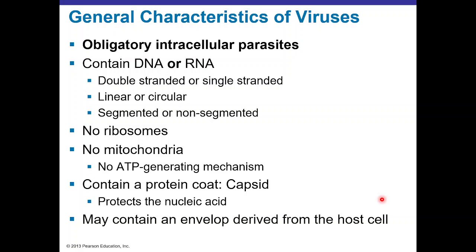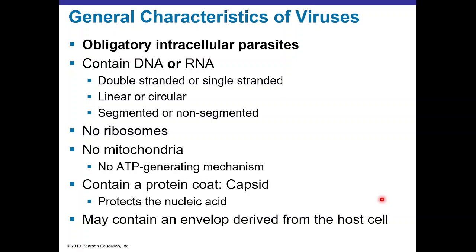So what are the characteristics of viruses in general? Again, they are obligatory intracellular parasites, so they are non-living pathogens, and they contain either DNA or RNA, but not both. This nucleic acid can be double-stranded, single-stranded, linear, circular, segmented, or non-segmented.